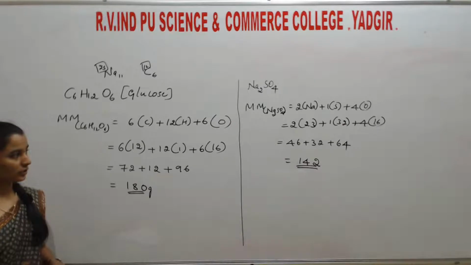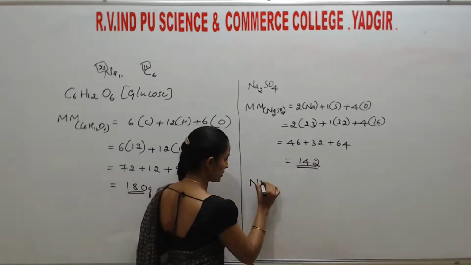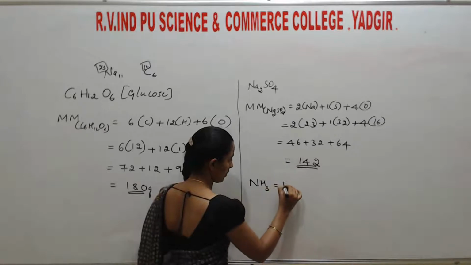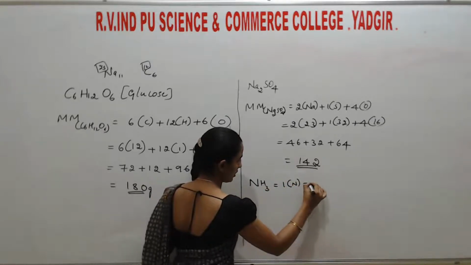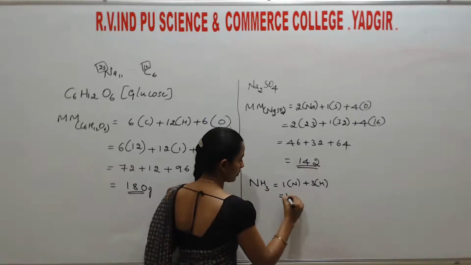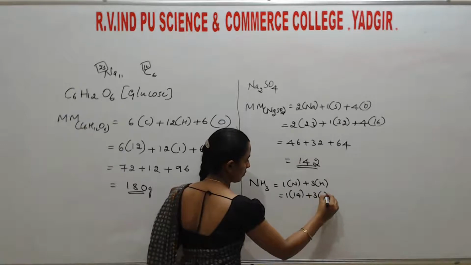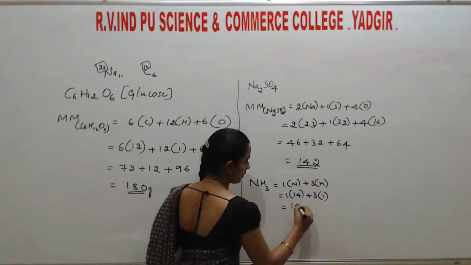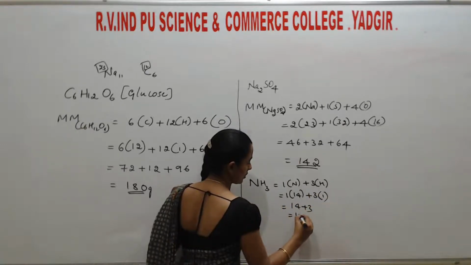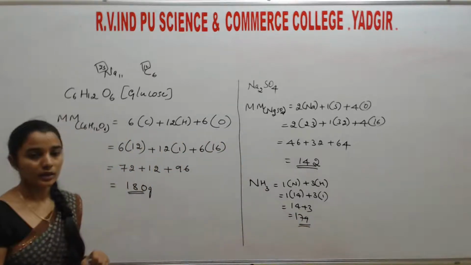C6H12O6. Okay. If you want to calculate this for ammonia, that is NH3, it means 1 times nitrogen plus 3 times hydrogen. So 1 times 14 plus 3 times 1 gives 14 plus 3, which is equal to 17 gram, the molecular mass of NH3.